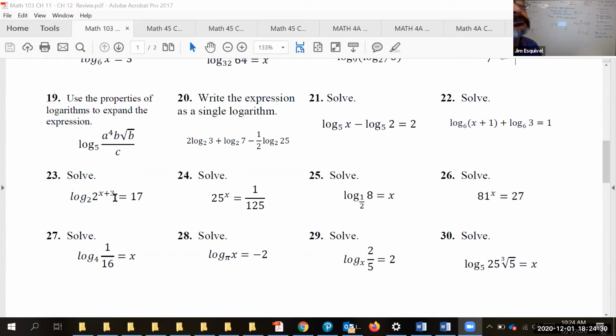Okay, what if we did base to the across equals what's inside? 2 to the 17 equals 2 to the x plus 3, and then do you have the same base? Yeah, 2 to the 17 and 2 to the x plus 3. So then your x plus 3 is equal to 17.